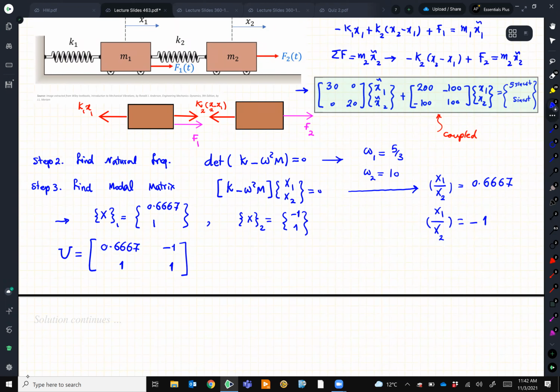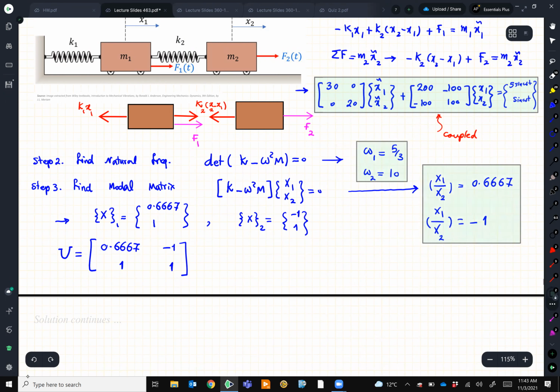At any point, if it's not clear, please let me know. It's important to understand what's happening. It seems so far nothing really special. We managed to find the natural frequencies, we managed to find the ratios, and use those numbers to find the modal matrix.